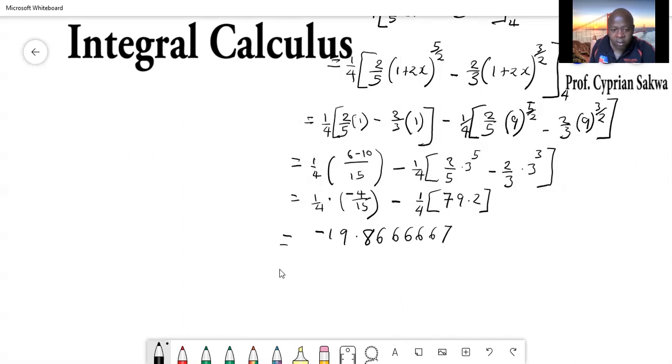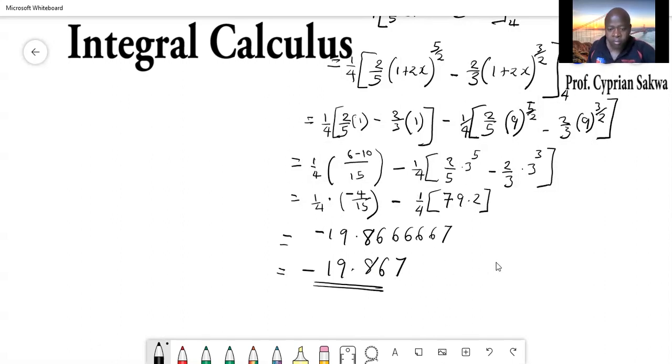But the question wanted us to do it to 3 decimal places, so we would have negative 19.867 as our answer. So that is our part A.